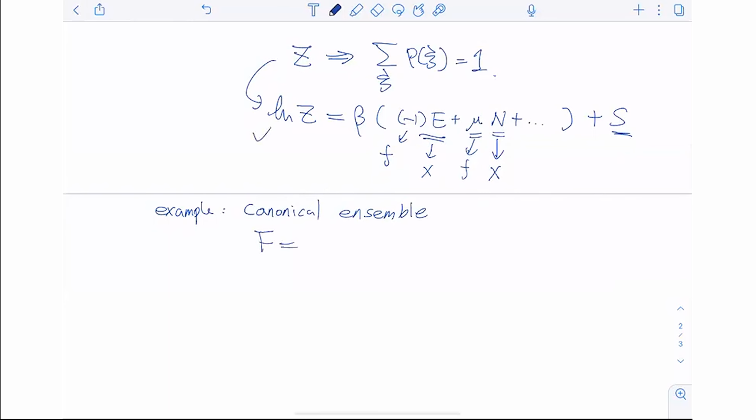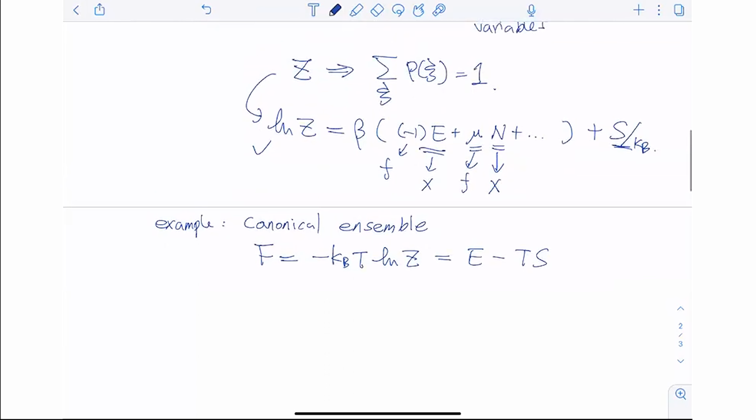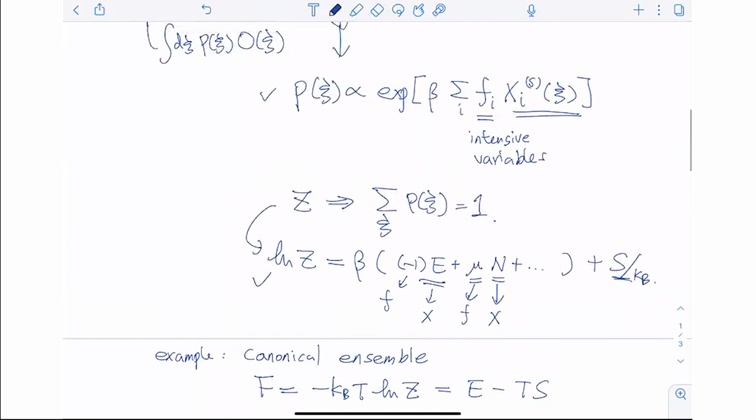If you take this expression, the Helmholtz free energy is actually the internal energy minus the temperature times the entropy. By the way, I think there should be a k_B. Once we got the partition function, it naturally connects with the thermodynamic potential.